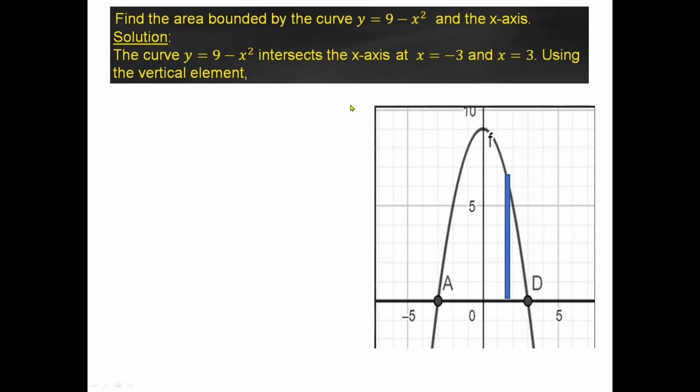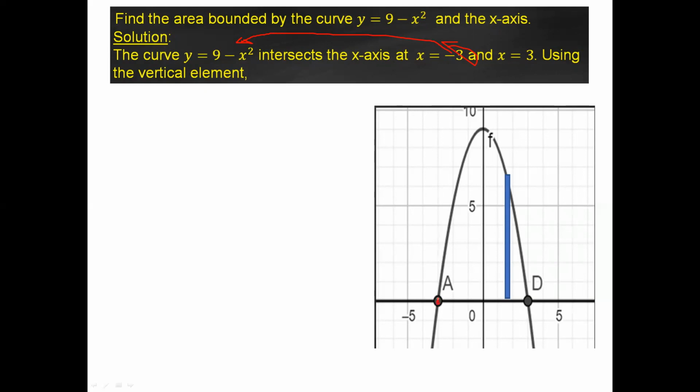If we will be substituting -3 to the equation y is equal to 9 minus x squared, kapag yung x equal to -3, sinubstitute natin dito sa y is equal to 9 minus x squared, the value of y is equal to 0. That only shows that we have the coordinates of -3 and 0. Kaya nandito yung point.